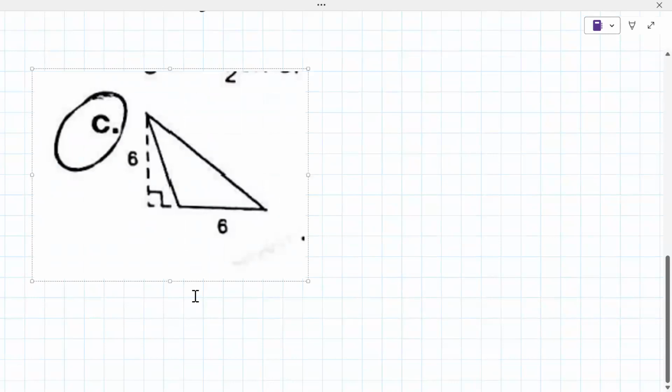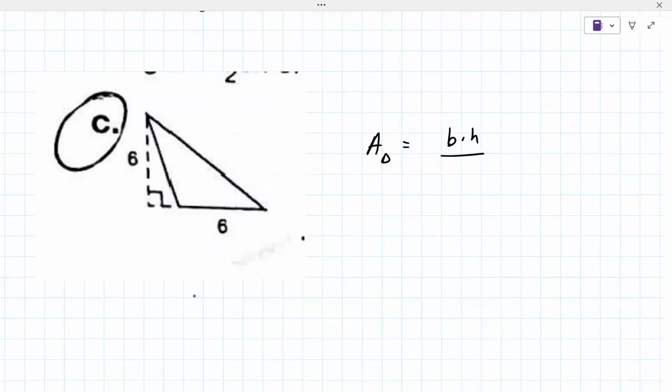Again, the area of the triangle, base times height divided by 2. The base is 6, the height is 6. So it's 6 times 6 divided by 2.